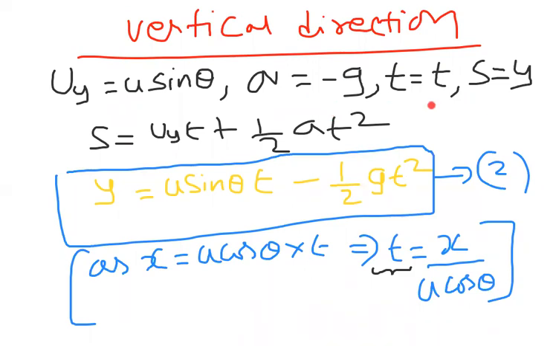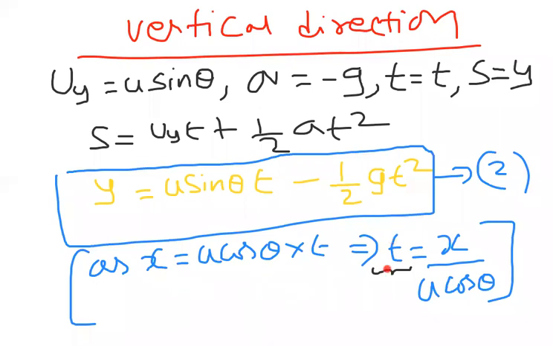Time is the same, simultaneous action t only. Horizontal displacement x, vertical displacement y. Again substituting in s equal to ut plus half a t square, I got y equal to u sin theta t minus half g t square. In the previous equation I wrote x equal to u cos theta into t.